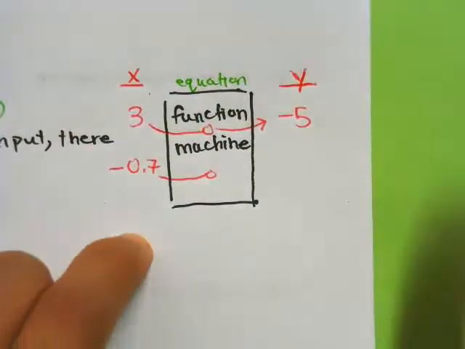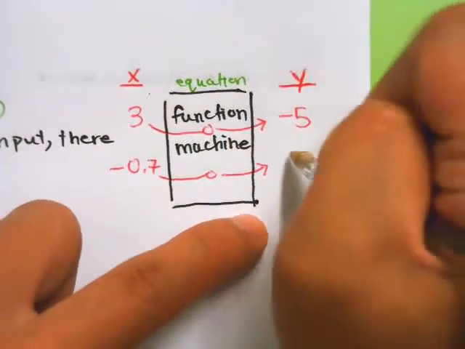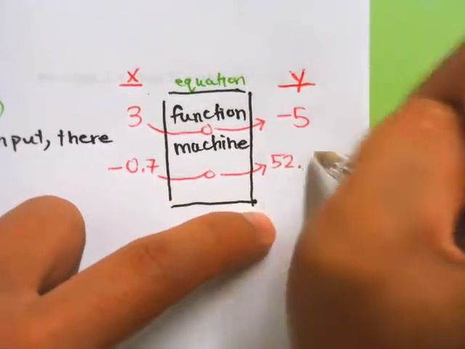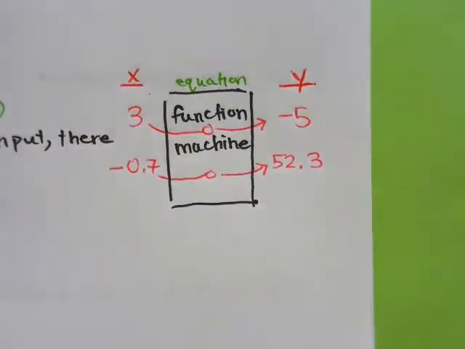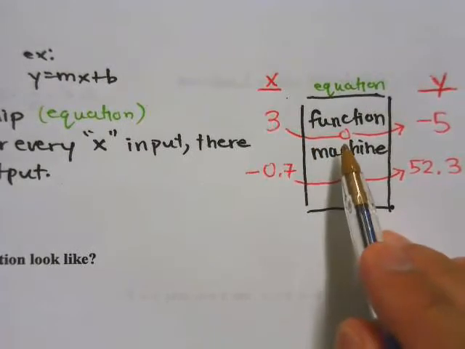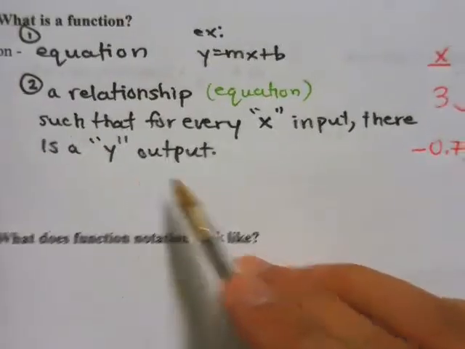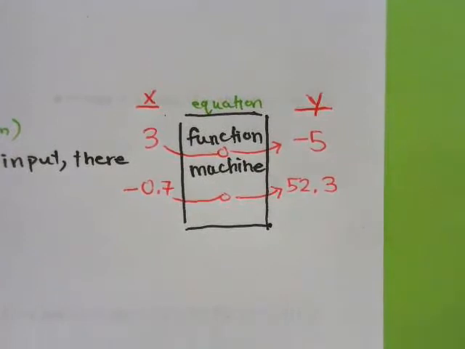Okay? So you really plug it in the equation, and then out comes 52.3. Whatever this function machine or this equation represents. Okay? So this is what I mean, that for every x input, so you put it in the machine, you put in the function, there is a y output. Something comes out. Okay?